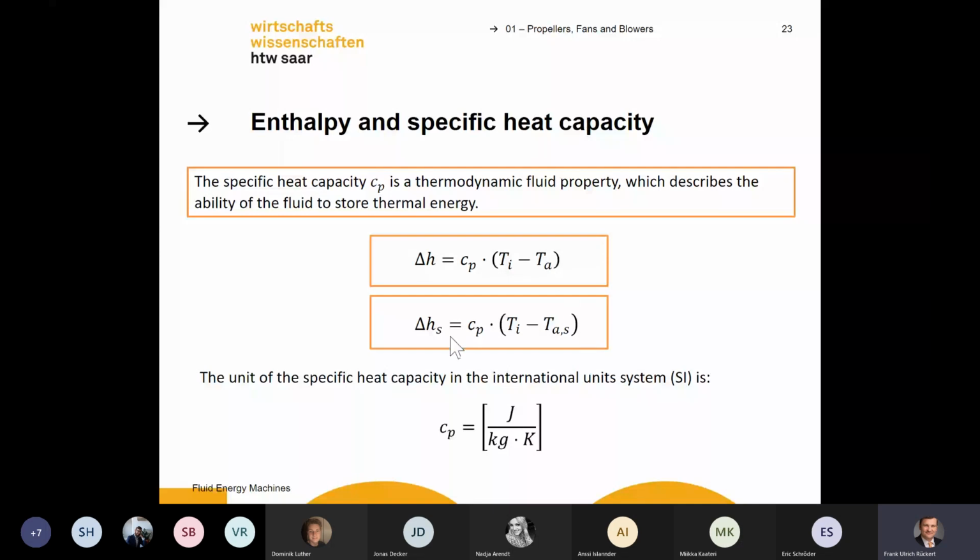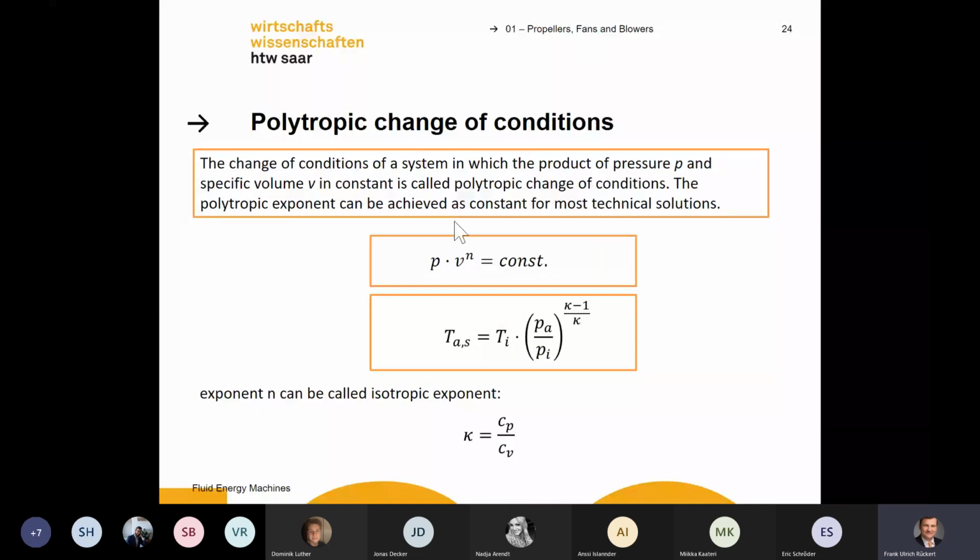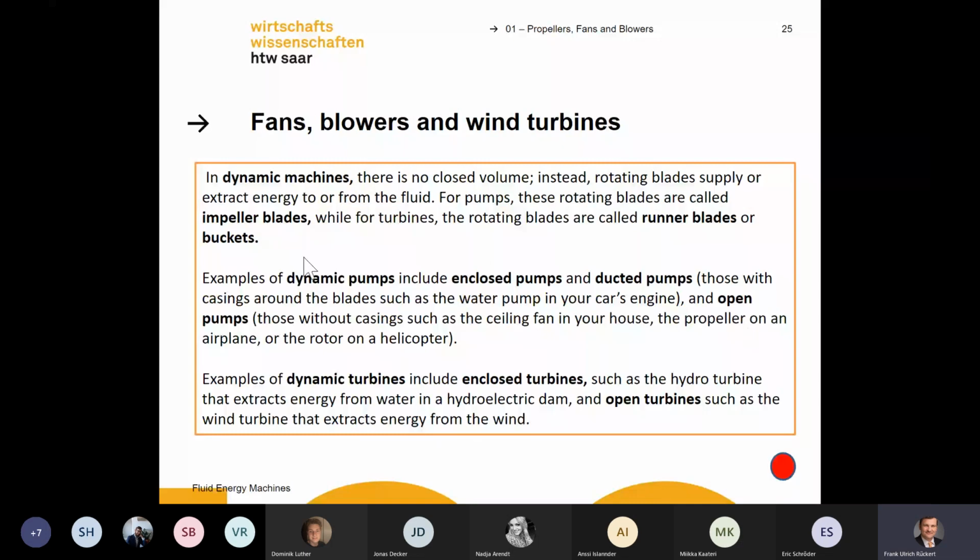This is more important, for example, for gas or steam turbines, where we have big temperature differences. Here, with propellers, we don't have big temperature differences. Okay, that's the same. I will go on with this later because it's not so important. Here I've written down some points. You can go through it.